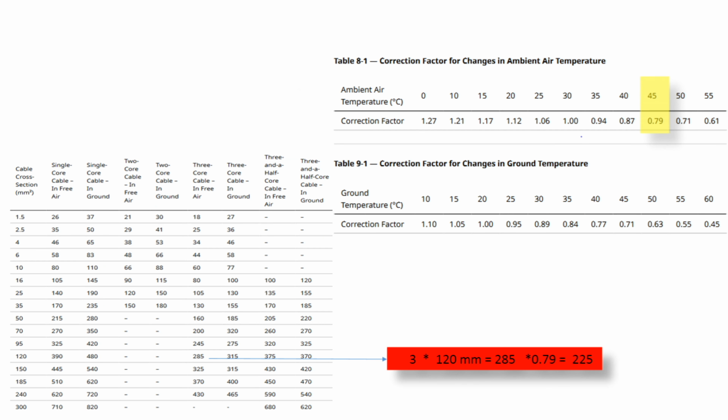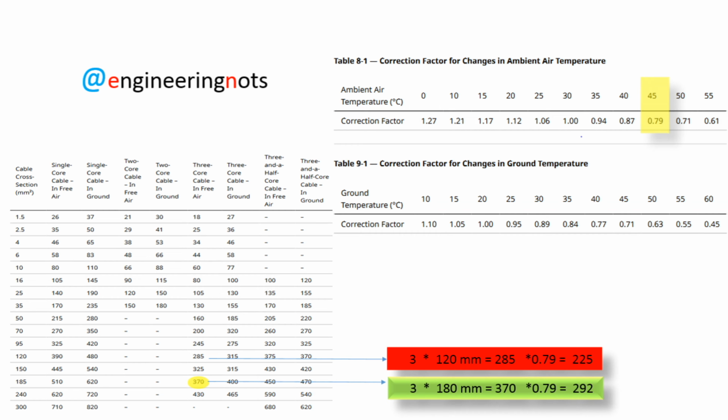Our electric motor is installed in an environment where, in summer, the ambient temperature reaches 45 degrees. So the correction factor becomes 79 hundredths. We multiply 285 amperes by 79 hundredths, which gives us 225 amperes.